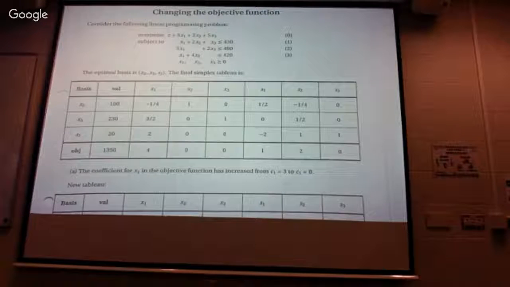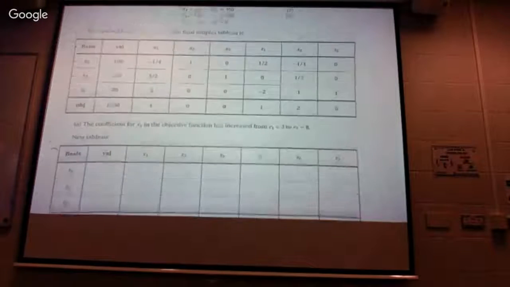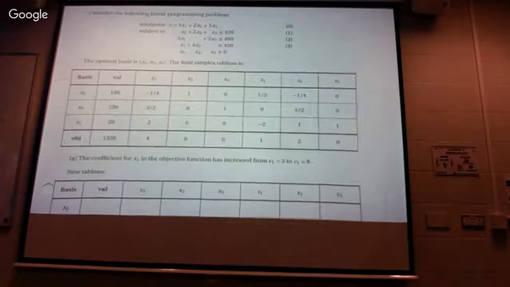Okay, the exercise is we're starting with something like that. An LP problem, which I've sent out. Have you got it, everyone? Good. And this is the final tableau, so there's no surprise there.